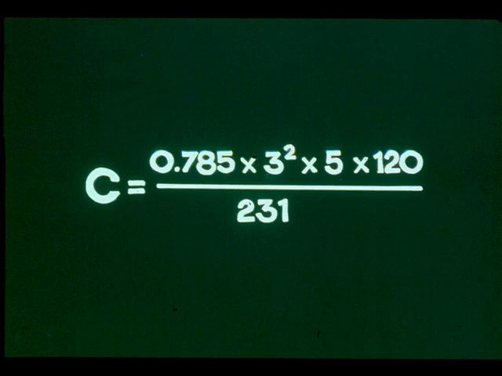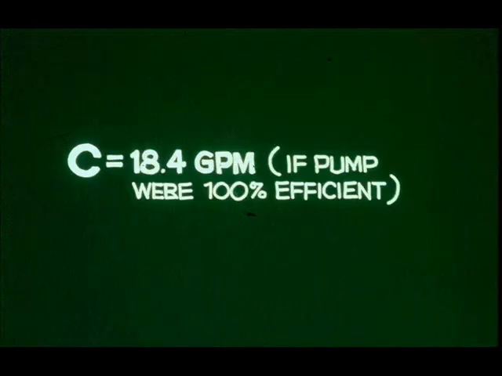Substituting numbers in the formula, C equals 0.785 times 3 squared times 5 times 120 over 231. C equals 18.4 gallons per minute.